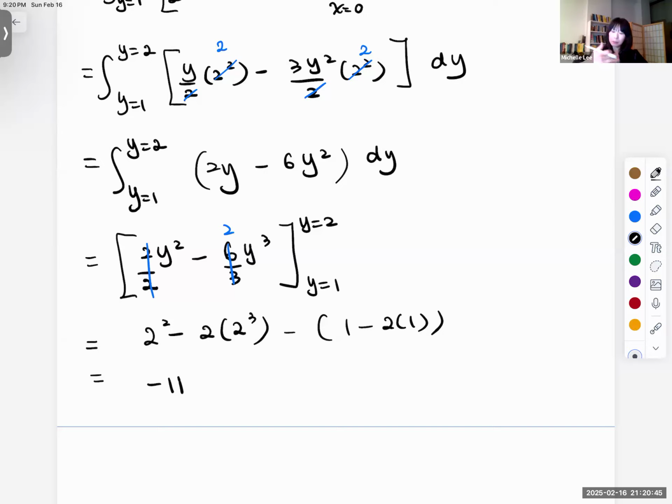Okay, so we talk about the volume, then why do we get the negative? Think about calculus one. When did we get the negative area, right? Yeah, when the curve is below the x-axis, right? We found area under the x-axis. That's the negative area. So it's not really physical. We find the volume, right?